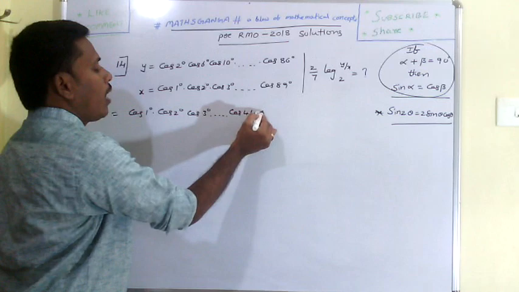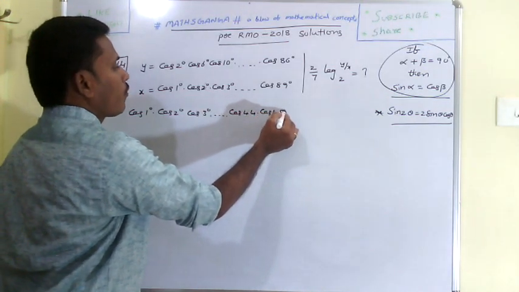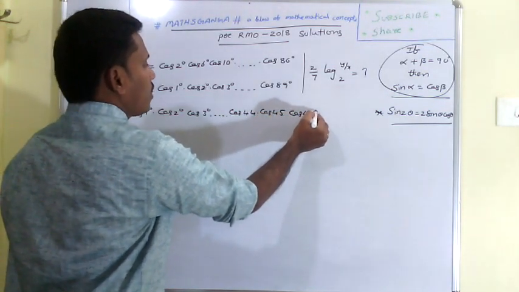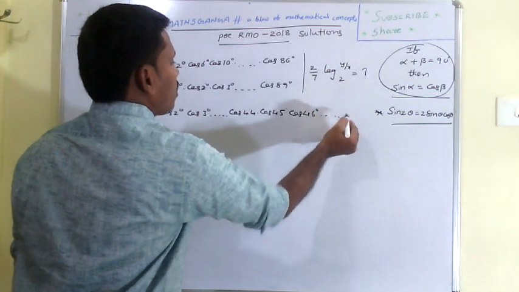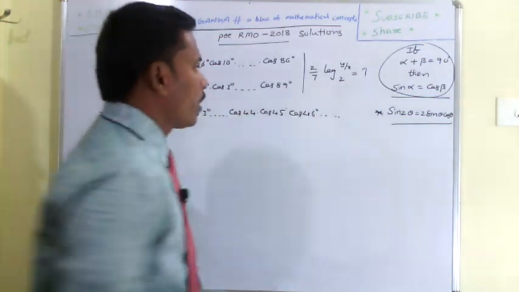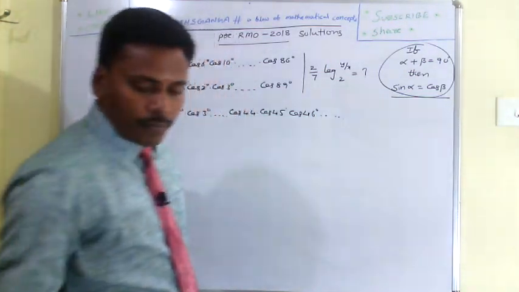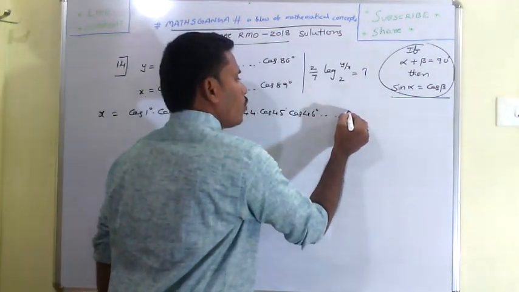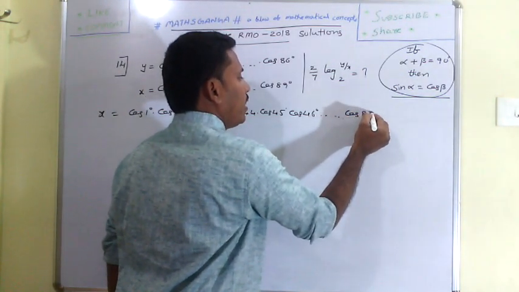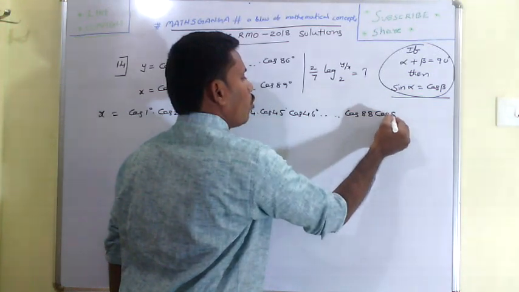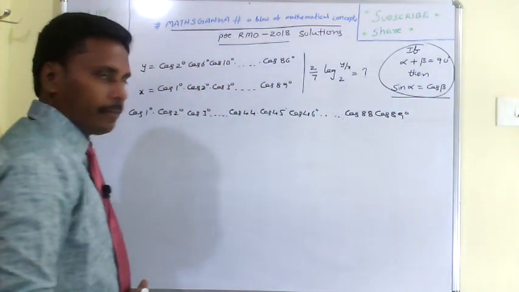In the middle you have cos 44, cos 45 and then cos 46. If you continue after cos 46, you will end with cos 88 and then cos 89.